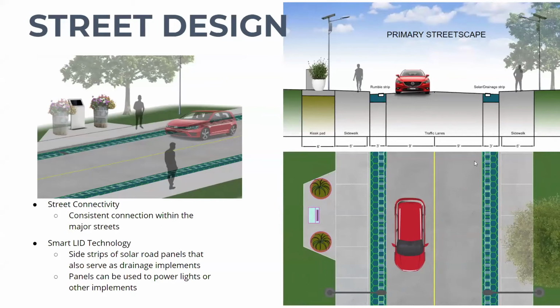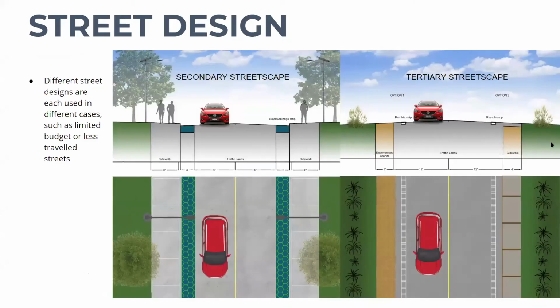Coming to the street design, we have a primary streetscape design featuring smart kiosks, solar roads, and smart low-impact development technology that can be used to power street lights, smart kiosks, or other sources like the city's power grid.